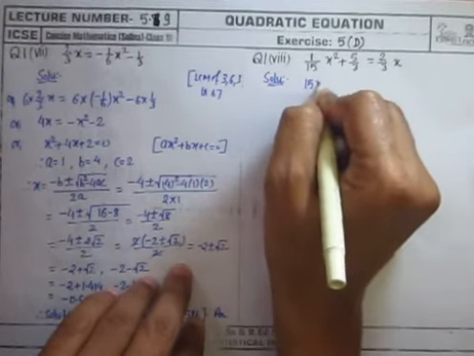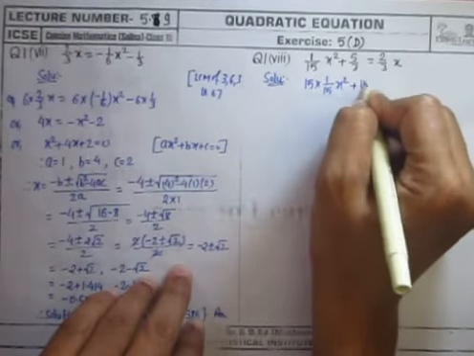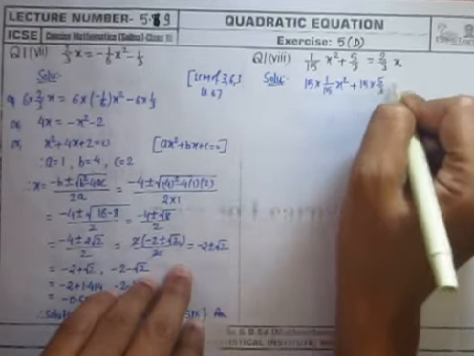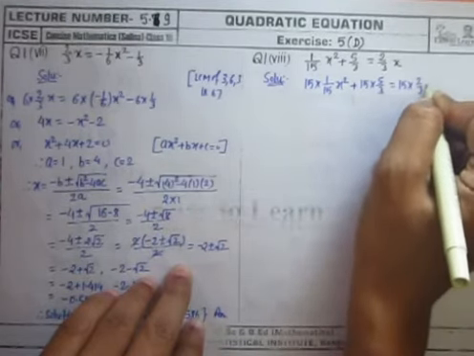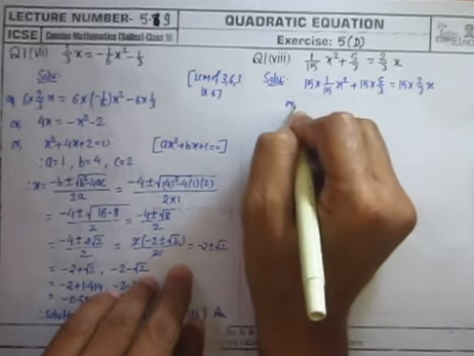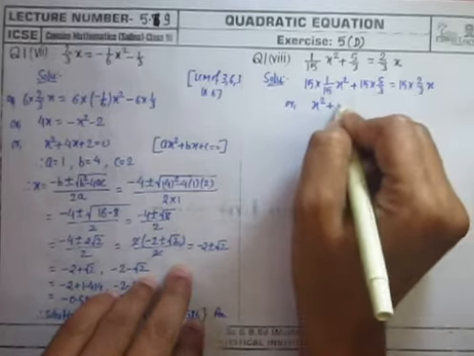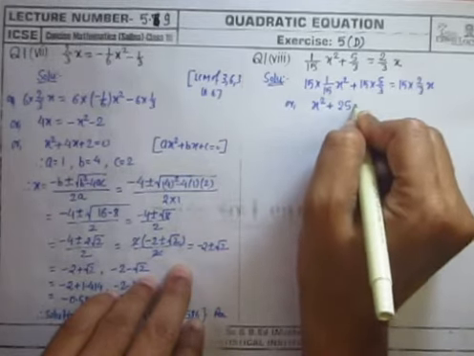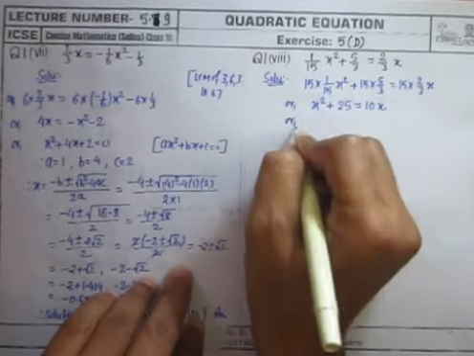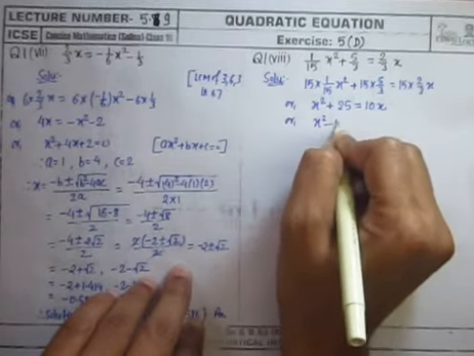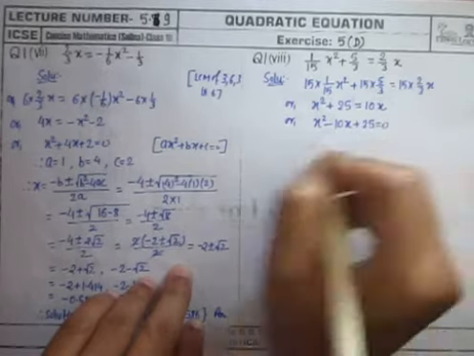So 15 into 1 by 15x square plus 15 into 5 by 3 is equal to 15 into 2 by 3 x, or it will be x square plus 25 is equal to 10x, or x square minus 10x plus 25 equal to 0.